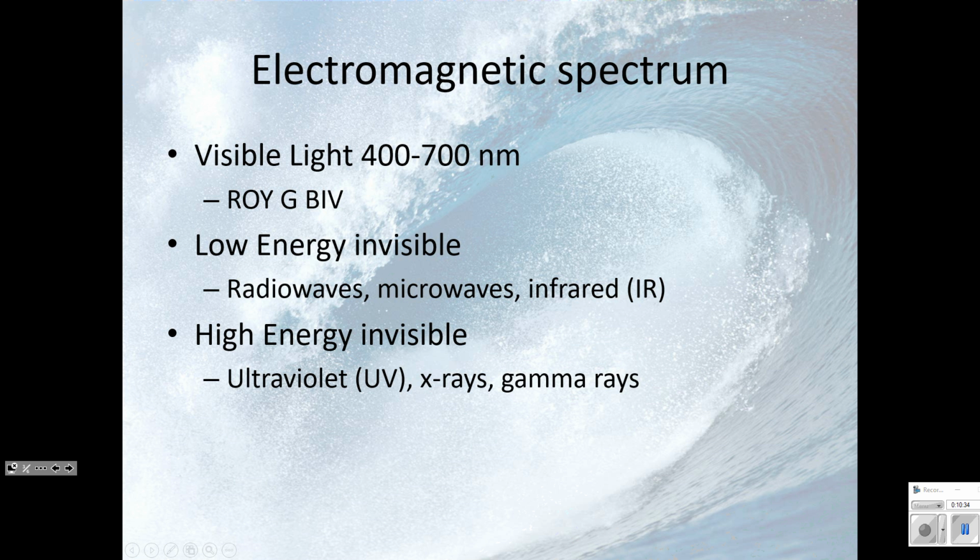And I have one slide to go that's going to talk a little bit more about some of these specific invisible forms of light, the ones that are mentioned on your goal sheet for today.